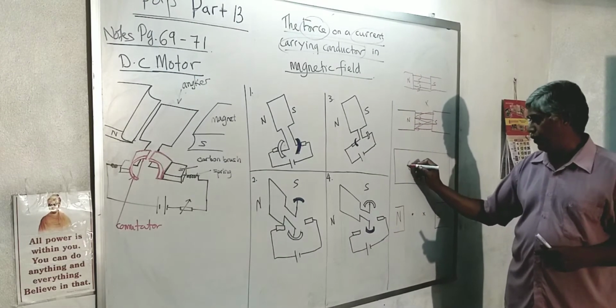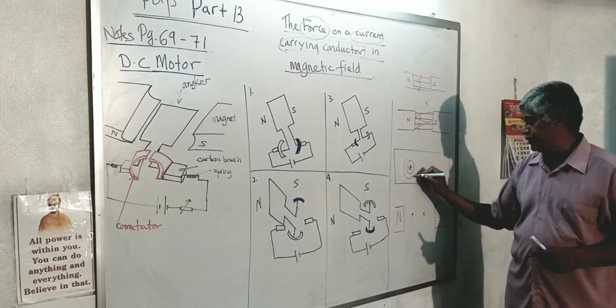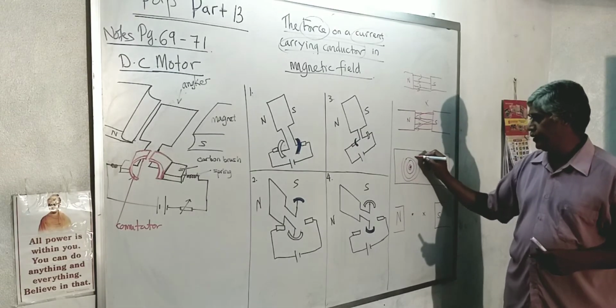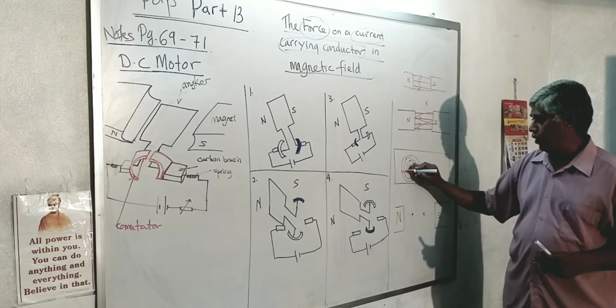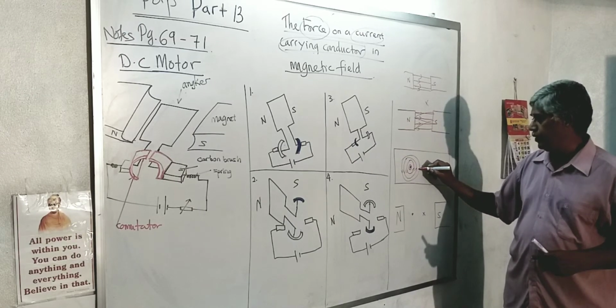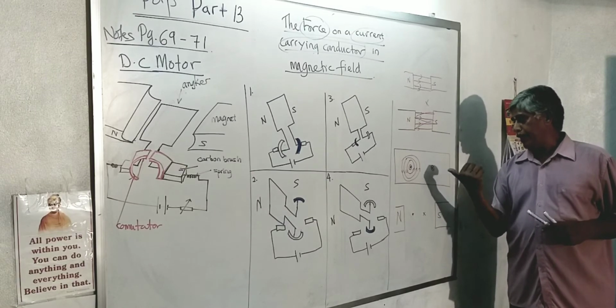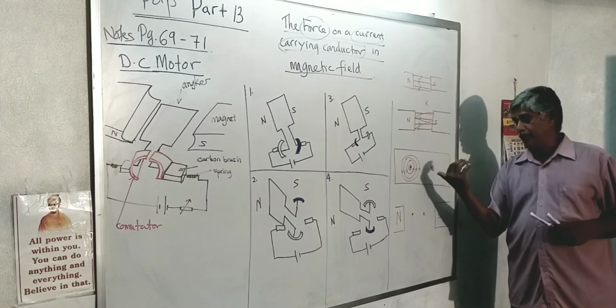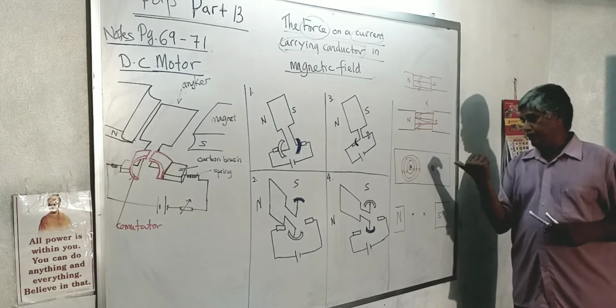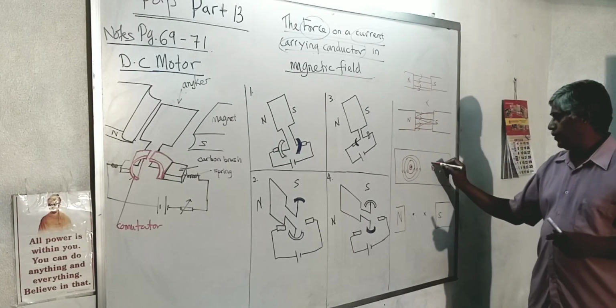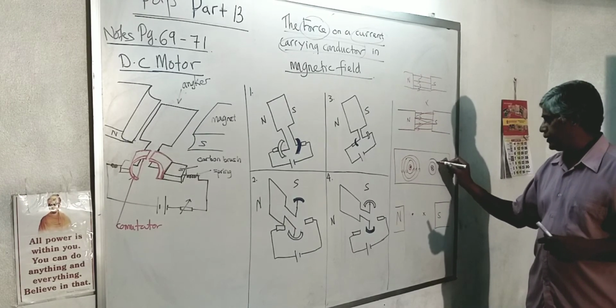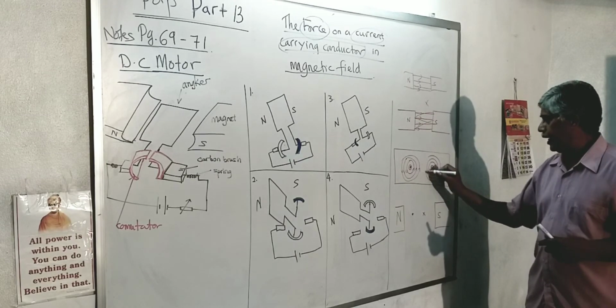So again you draw 3 individual lines, 3 circles around it, which is anti-clockwise. You can draw the arrow. And here the current is going this way, into the board. So this is clockwise. We can see the clockwise lines here, 3 lines I'm drawing.